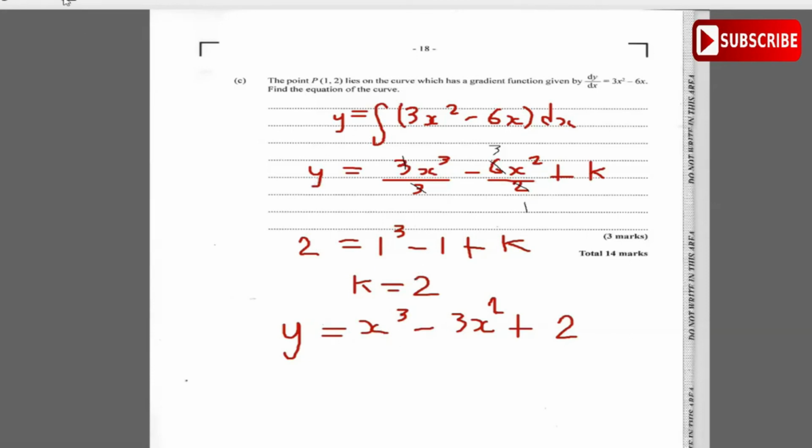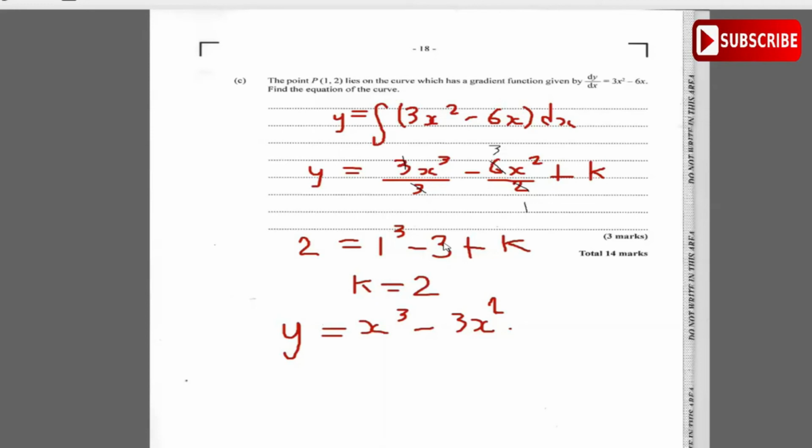Oh, see there, I made an error right here. It shouldn't be plus 2 then. Some error was made. Let's spot that. 3 times 1 is not 1. 3 times 1 is 3. And so we have 1 cubed minus 3, which is 1 minus 3.